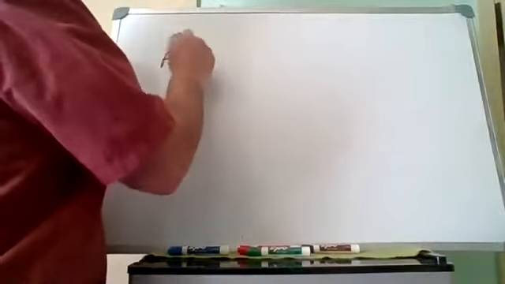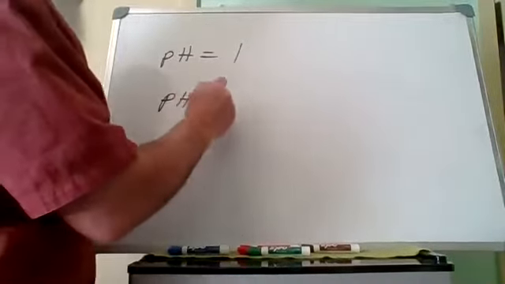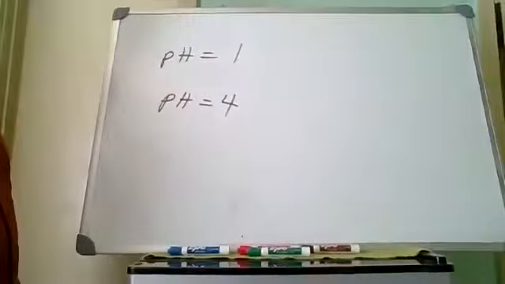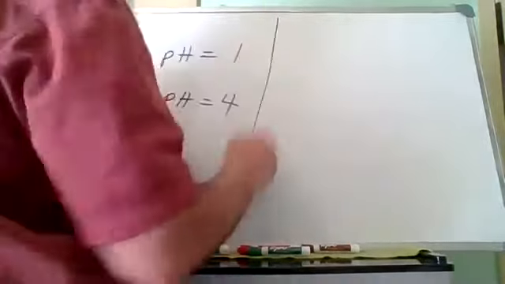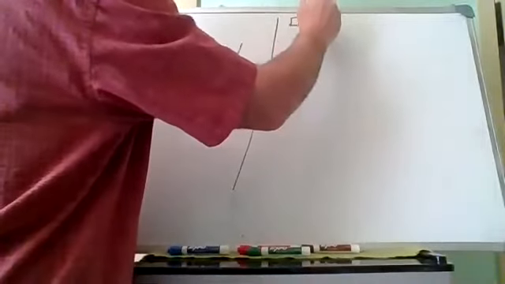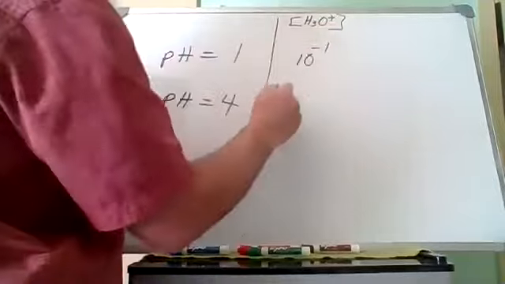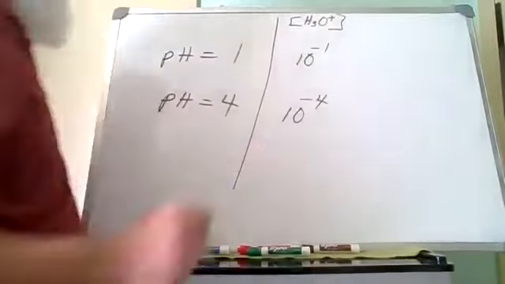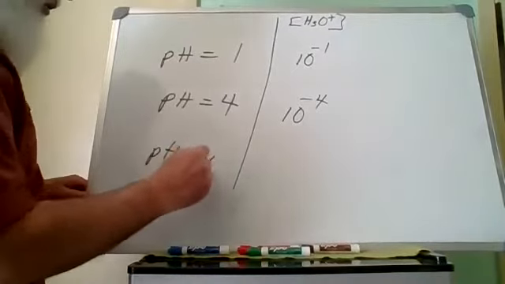So what we can see here is a pH of 1 and a pH of 4. All right? So let's write here the hydronium ion concentration. This is going to be 10 to the negative first. This is 10 to the negative fourth. Right? We can put here pH equals 10.